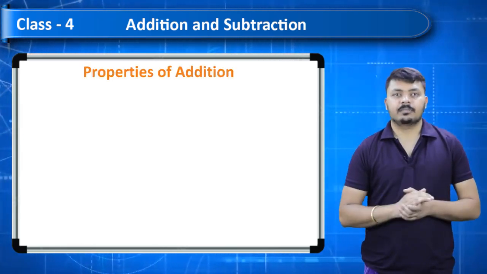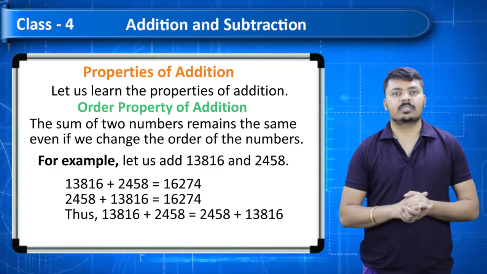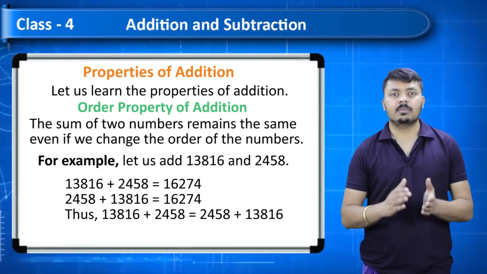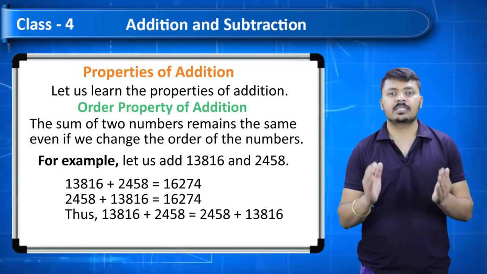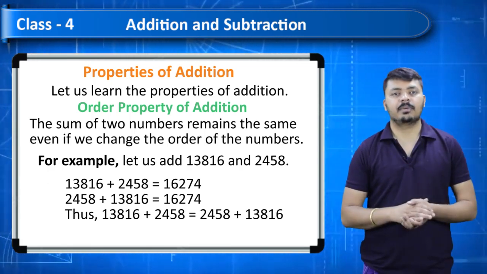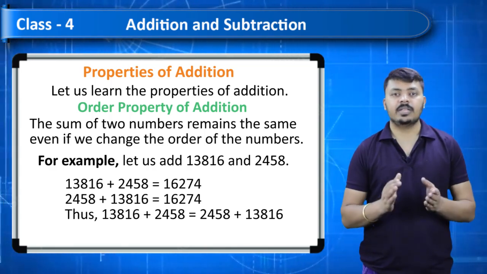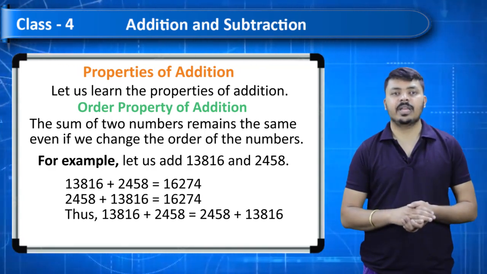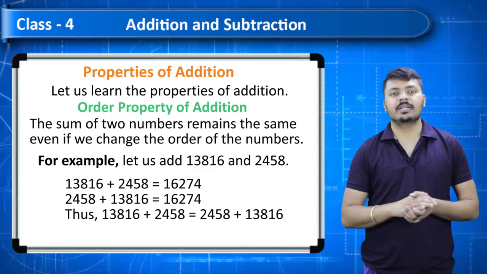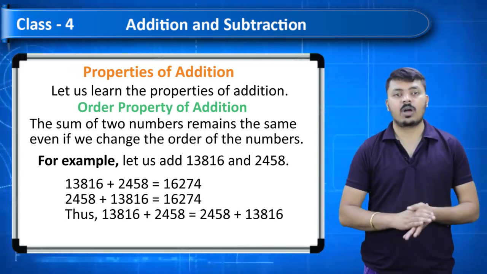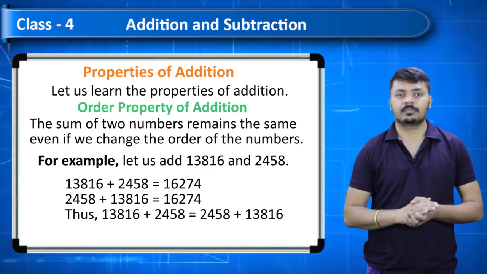Properties of addition. Let's learn the properties of addition. Order property of addition. The sum of two numbers remains the same even if we change the order of the numbers. For example, let us add 13,816 and 2,458. 13,816 plus 2,458 is equal to 16,274.